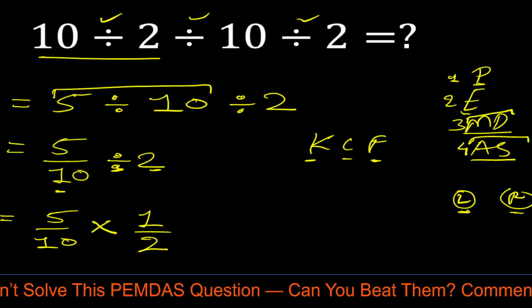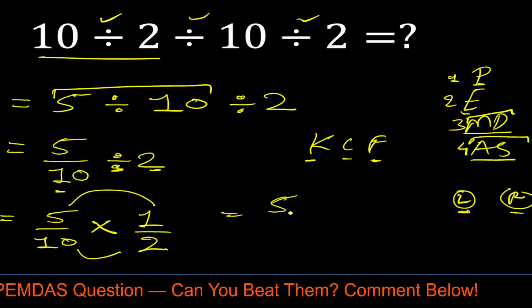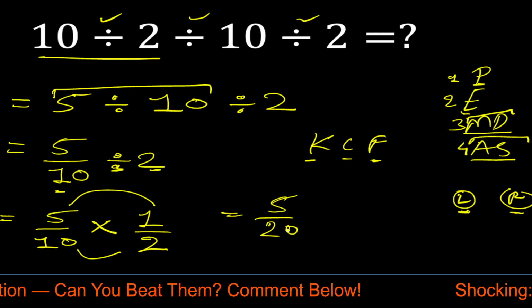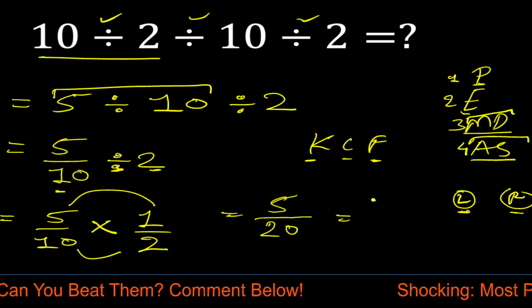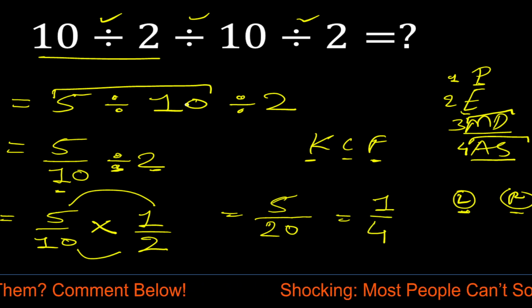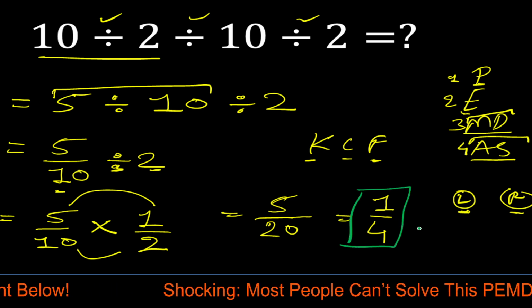Now 5 times 1 is equal to 5, 10 times 2 is equal to 20, right? Now 5 divided by 20 is equal to 1 upon 4. So the correct answer is 1 upon 4, right?